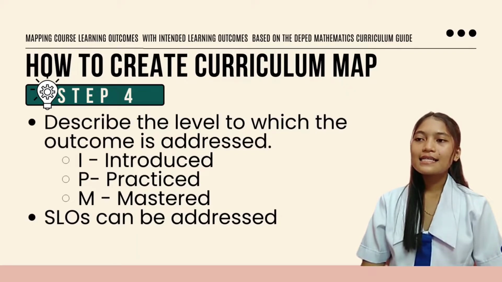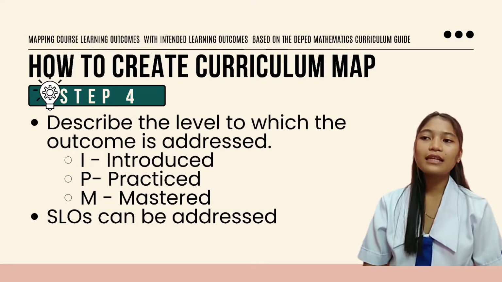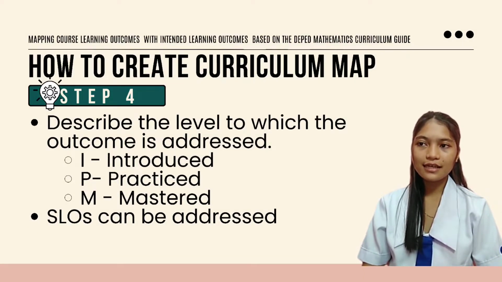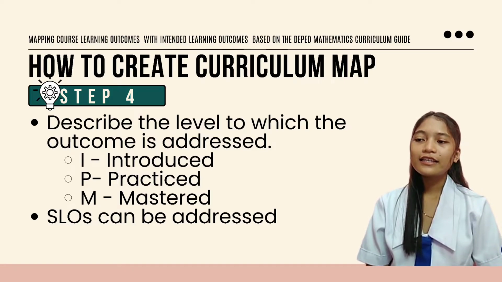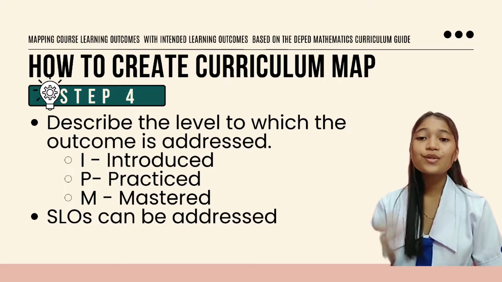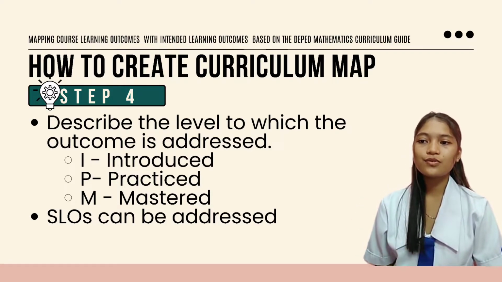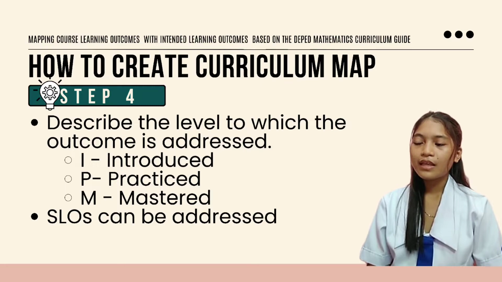So next, step number 4. Step number 4, describe the level to which the outcome is addressed. It may be IPM, or introduced, practiced, and mastered. Introduced indicates that the outcome is introduced to the students.